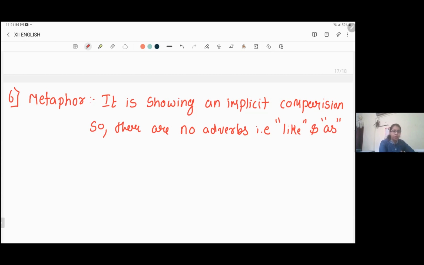Guys, in simple words, you all can write in bracket, it is an indirect comparison.